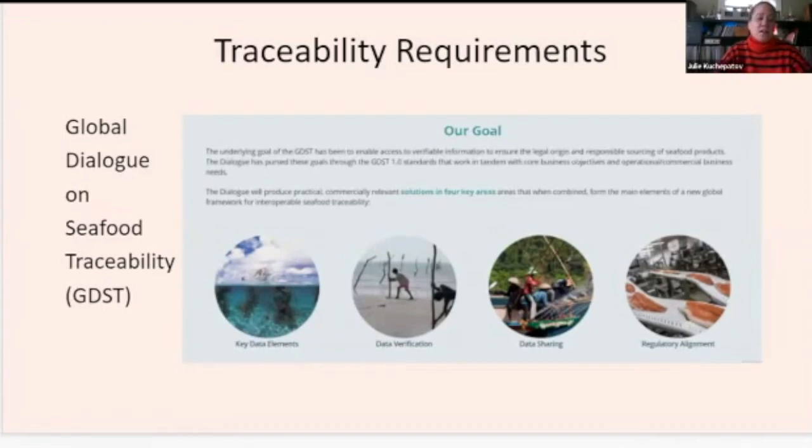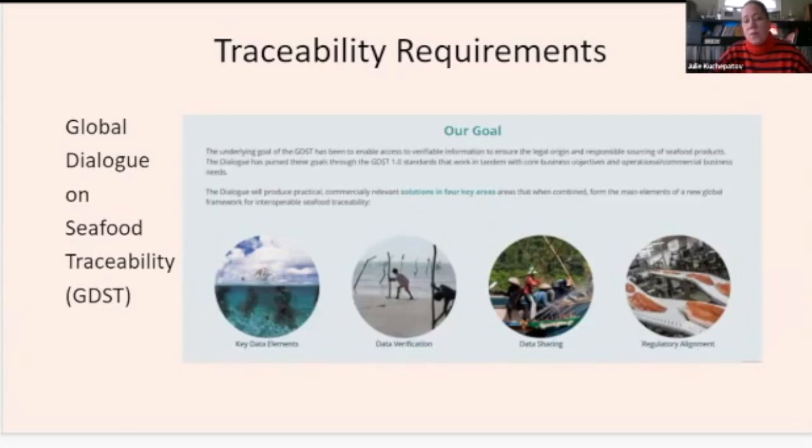The US has requirements called the SIMP, S-I-M-P, which stands for Seafood Import Monitoring Program. That protocol establishes traceability around 13 key species, which tend to be the more, quote unquote, risky species, risky meaning related to slave labor or human trafficking.